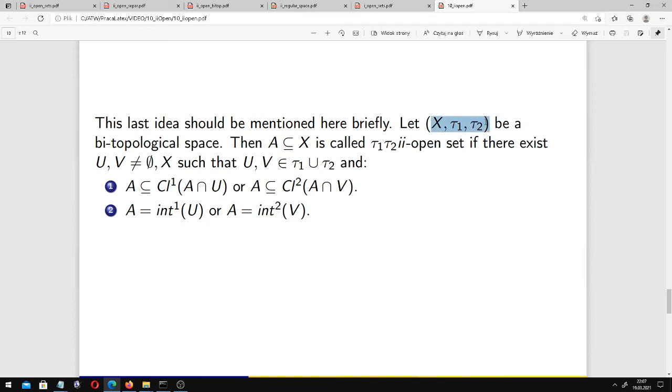Let X with topologies tau1 and tau2 be a B topological space.